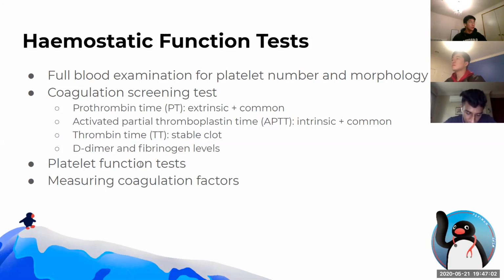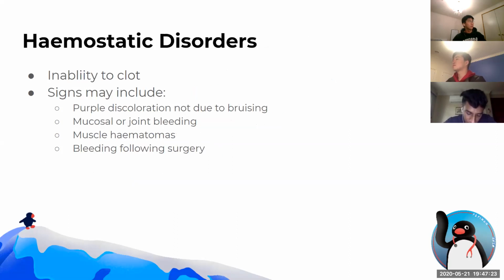We can also look at our platelets to see if they're working well, and we can also measure our coagulation factors. So essentially, to see how well we're forming clots, we can measure a bunch of things that are involved with the whole process. And depending on their levels, we can tell whether our clotting function is doing well or not so well. If it's not, we might have some disorders, and you'll get either too much or too little sometimes.